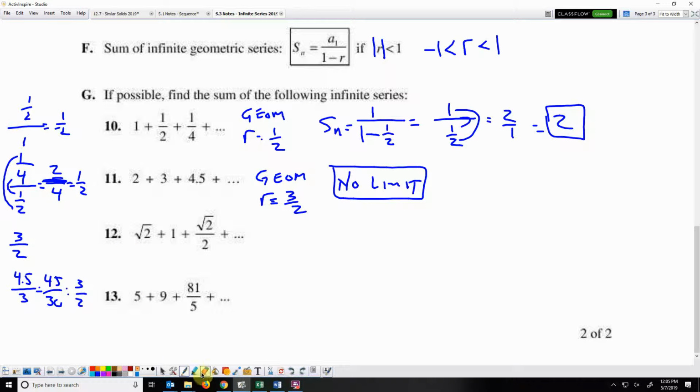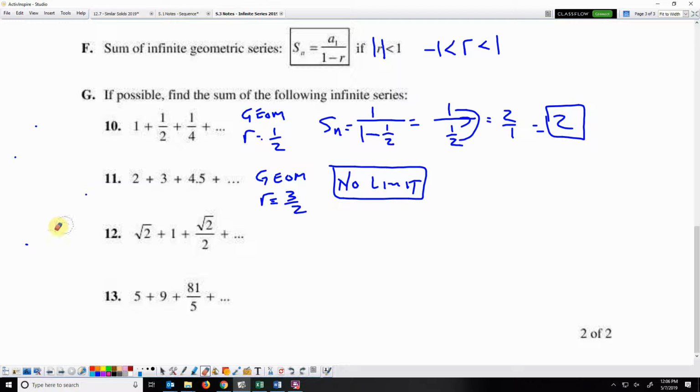Okay, next I'm going to erase some of what I've got over here, just clear some space. Okay, so we've got 1 over the square root of 2. So that's root 2 over 2.